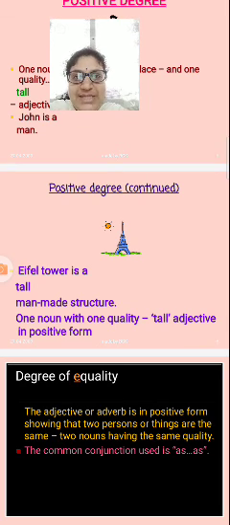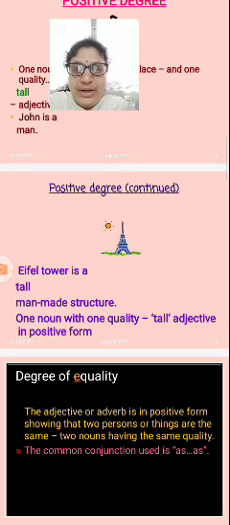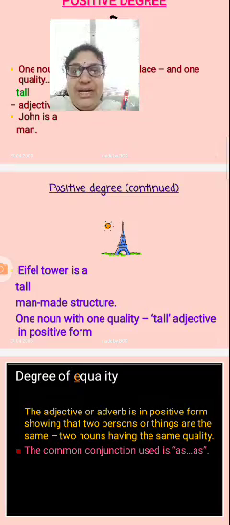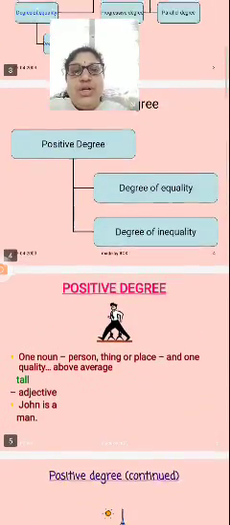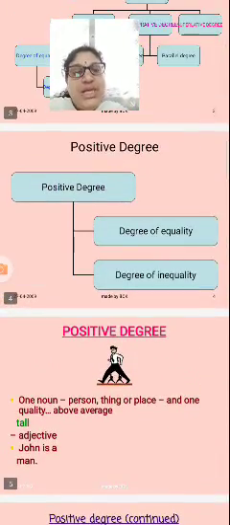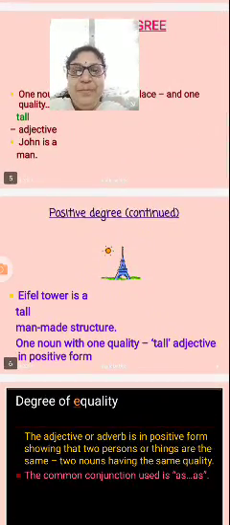The Eiffel Tower is a tall man-made structure. One noun with one quality. Tall is the adjective in positive form. The Eiffel Tower is there, but when you are telling the positive degree, it means equality or inequality, so here you have to show the quality.